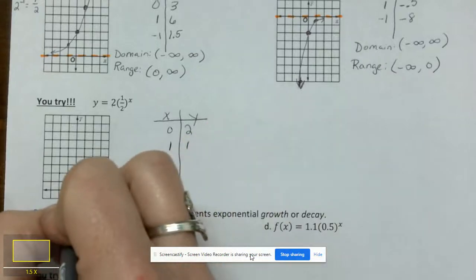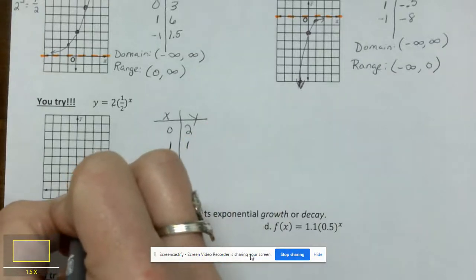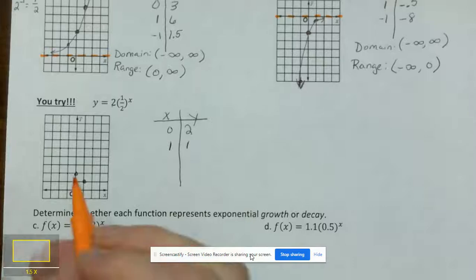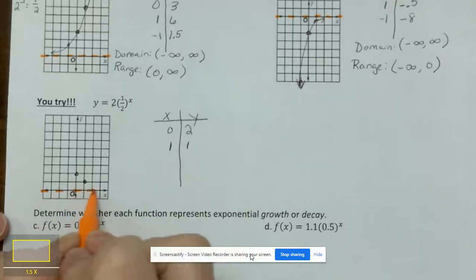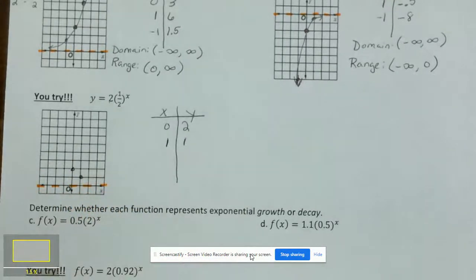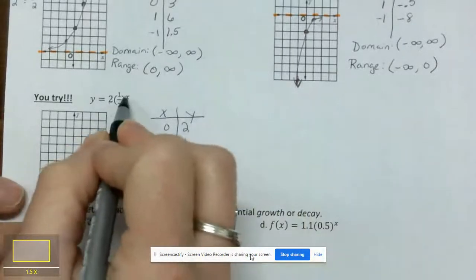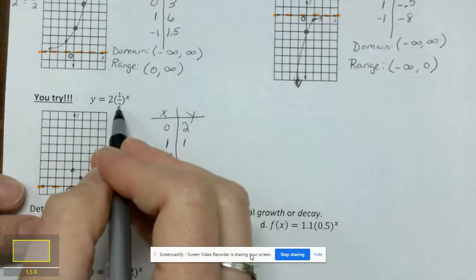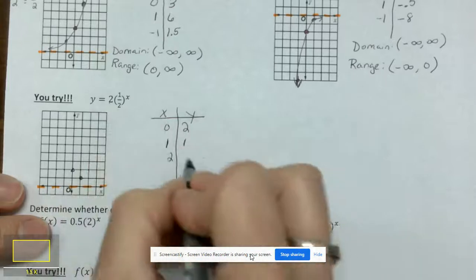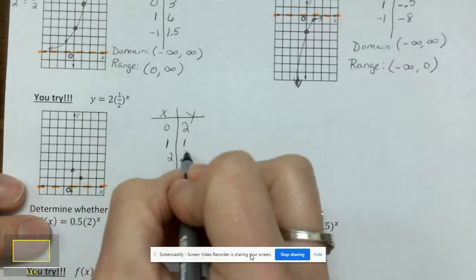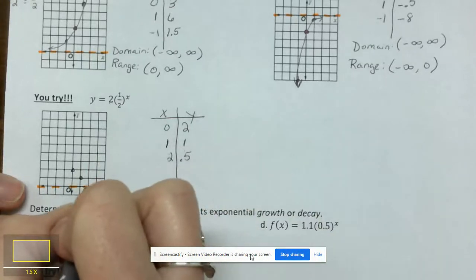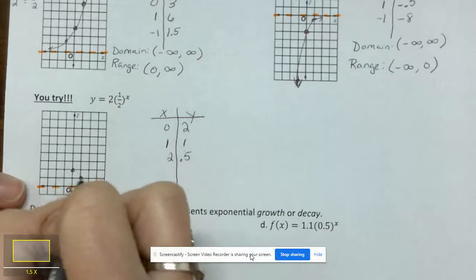So I'm going to have the point 1, 1. Now we know that this is our asymptote down here, the x-axis. What if I put in 2? 1/2 squared would be 1/4, and 1/4 of 2 is a half, 0.5. So at 2, I'm going to get 0.5. So you can see how that's coming down.